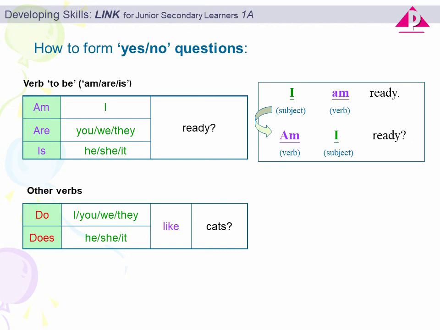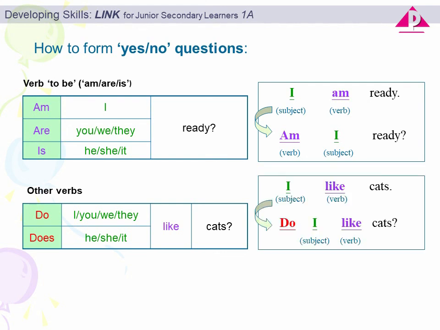For other verbs, yes/no questions are formed by adding the verb do at the beginning of the question, followed by the subject and the main verb. Look at the table below for reference.